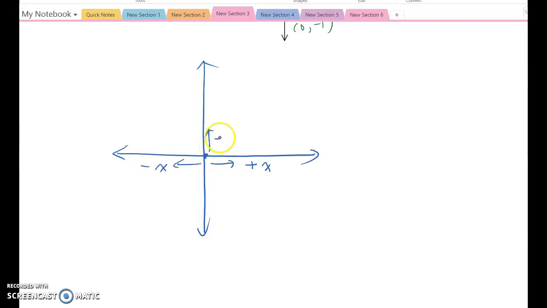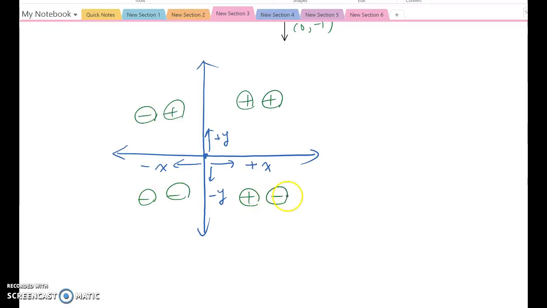Going up is positive y, going down is negative y here. Based on this, we can summarize the signs of x and y values. This one is both plus and plus. This becomes minus and plus. This becomes minus and minus. This is plus and minus here.